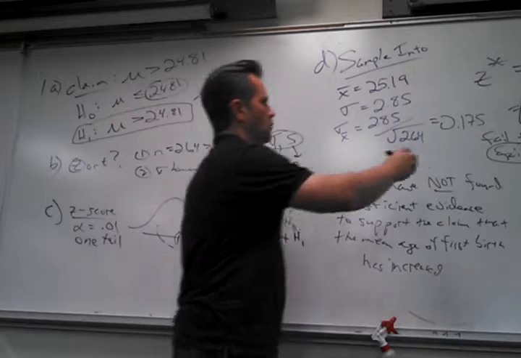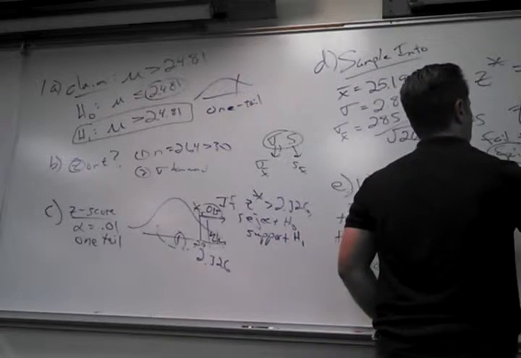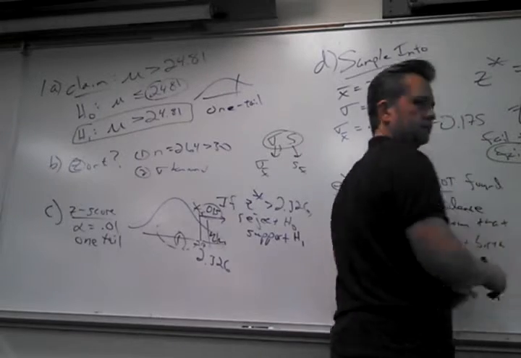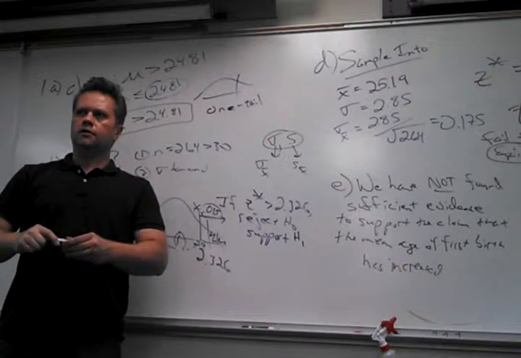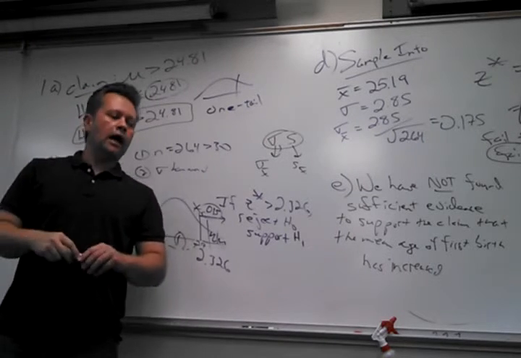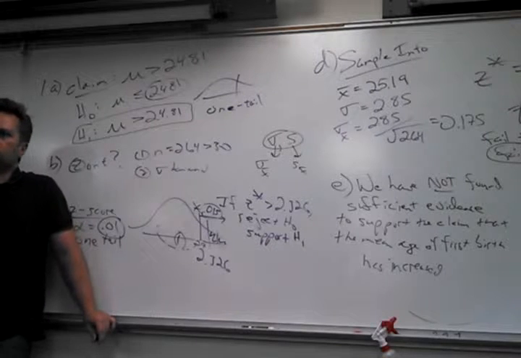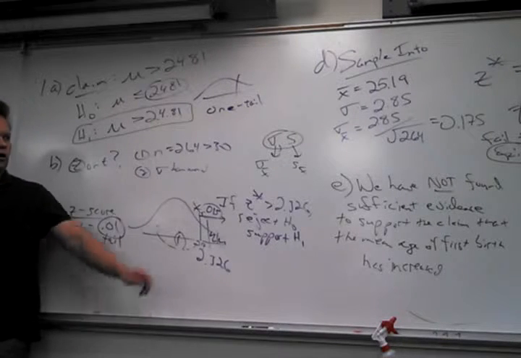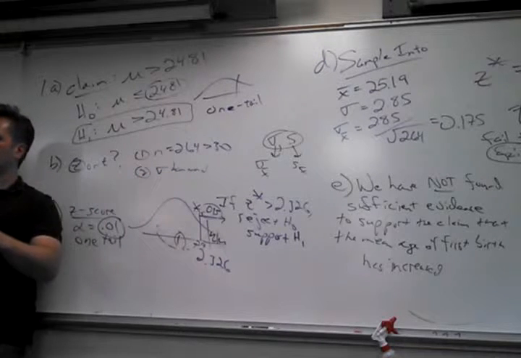Cool. So about 1.5%. So my p-value is 0.015. It's not a bad p-value, is it? It's not bad. But how stringent was our test? Our test said it had to be below 1% chance. We only got to 1.5% chance. It wasn't small enough.